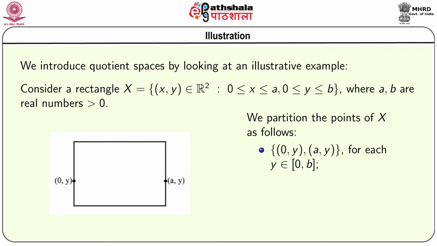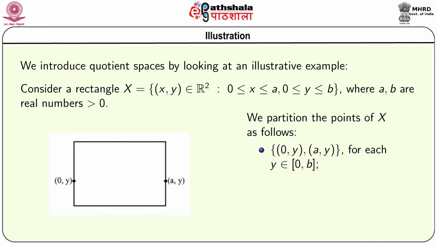Now, we partition the points of X as follows. We take the points on the left vertical edge of the rectangle, call the point 0, y. We take it in the same set as the point a, y, which is on the right edge of the rectangle.